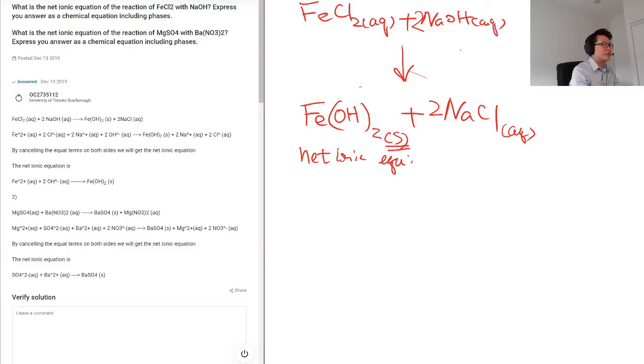From this case, we know that the sodium chloride is just an aqueous solution. They are still soluble, sodium ion and chloride ion, so they are just spectator ions. We don't have to include them in the net ionic equation. And we know that iron(II) reacts with hydroxide ion to form iron(II) hydroxide.